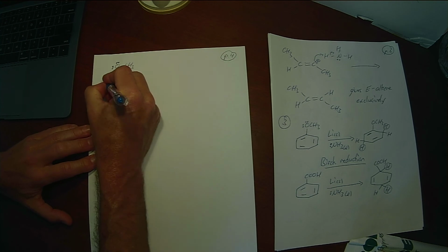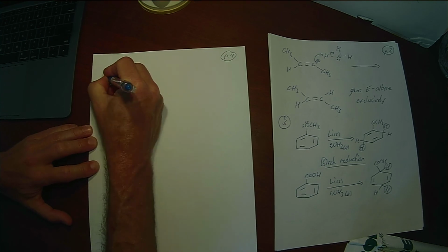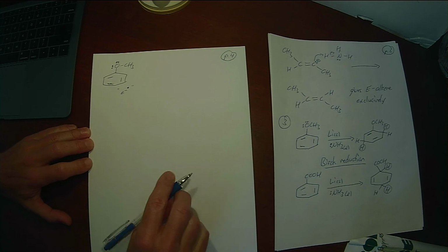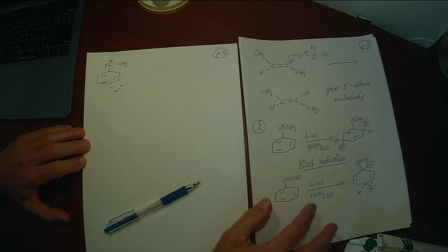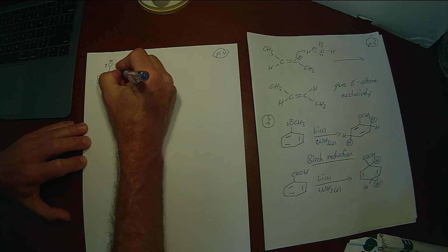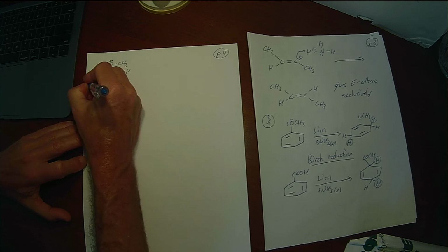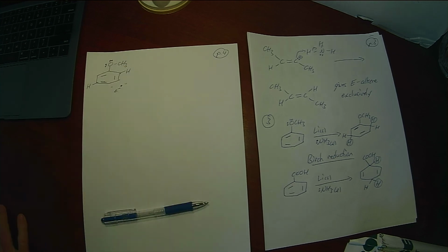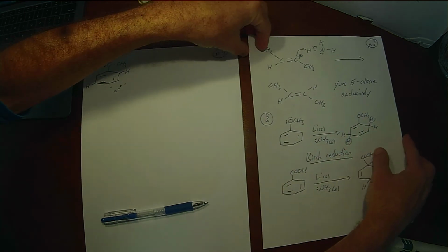If I were to ask you to propose a mechanism for this, knowing only what we just looked at, which is that it gives a product that has hydrogen added to these two sides, so I'm going to draw the hydrogens in there, what would you do? Panic is an option, but not a productive one.